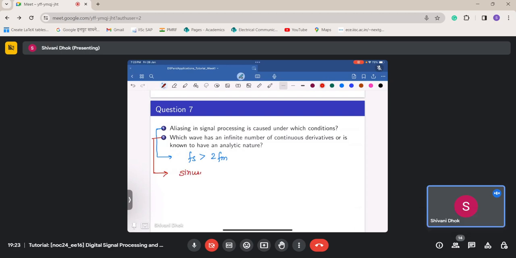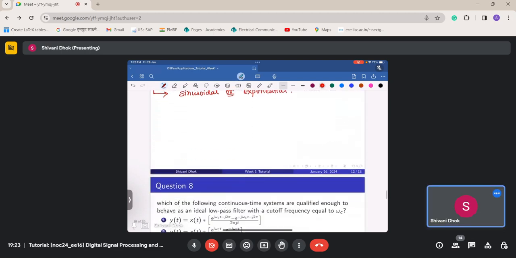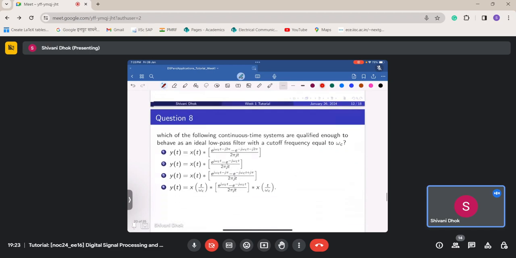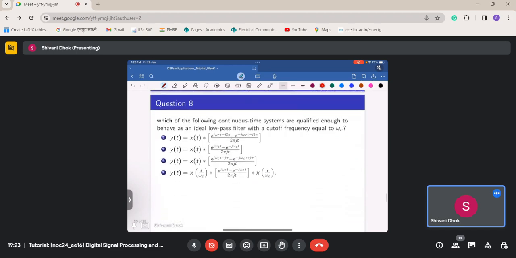So let's go with sinusoidal, or which exponential? E to the power of x. Okay. Any questions on this? I don't think there will be, but if you have any, let me know. Otherwise, we'll go to the next question.